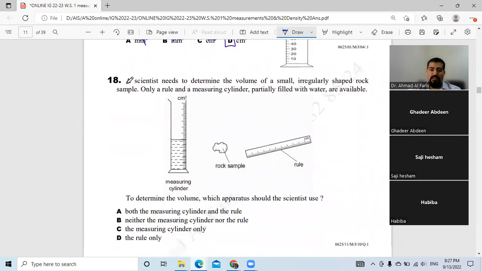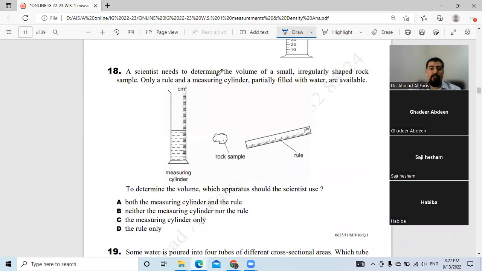Next question. A scientist needs to determine the volume of a small irregular shaped rock sample. Only a ruler and a measuring cylinder that is partially filled with water are available. Which apparatus will the scientist use? Can he use the ruler to measure the length, width and height of it?